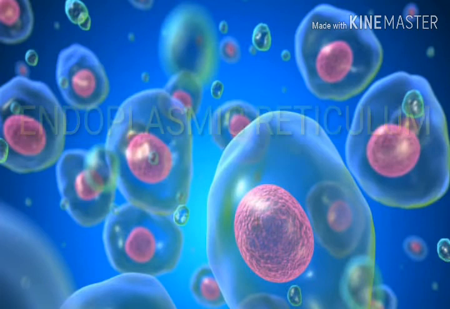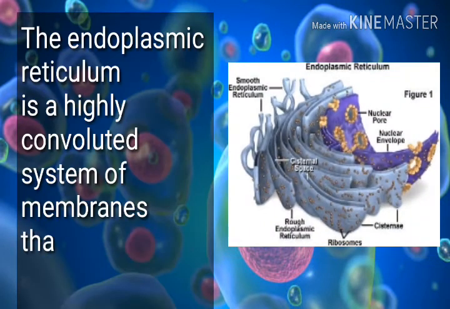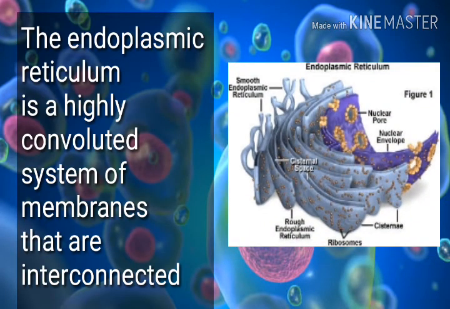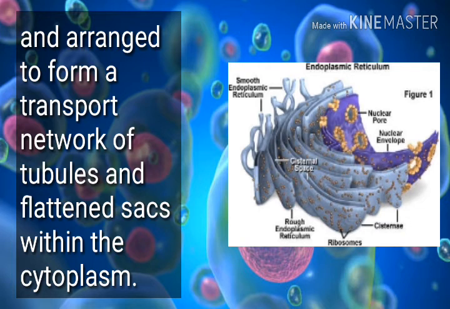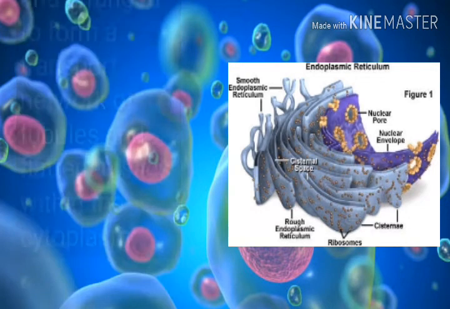Endoplasmic reticulum. The endoplasmic reticulum is a highly convoluted system of membranes that are interconnected and arranged to form a transport network of tubules and flattened sacs within the cytoplasm.